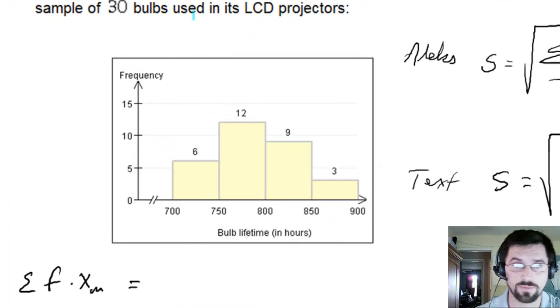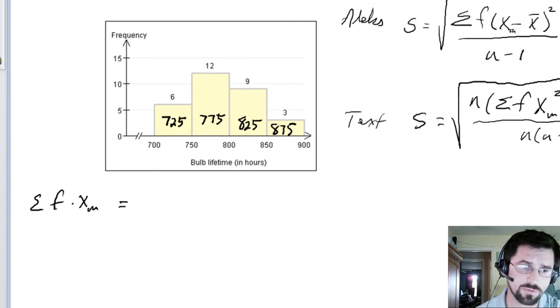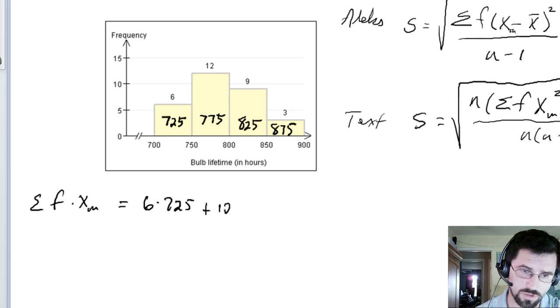The first thing I do, no matter what formula I'm using, is figure out the midpoints of the classes, which are 725, 775, 825, and 875. Then I can do the frequencies times the midpoints and take the sum: 6 times 725 plus 12 times 775 plus 9 times 825 plus 3 times 875.